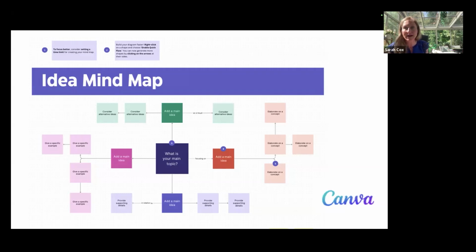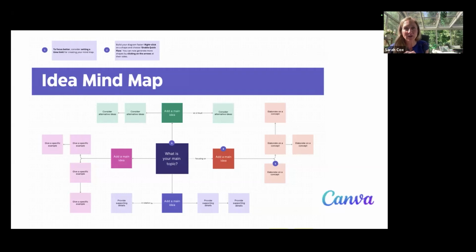Canva has great tools. This example right here, this idea mind map, one of the things that I absolutely love about Canva is they have templates that are already available on there. And in those templates, they walk through and help you set up how this works. They give you little tips, so up at the top, you can see, to focus better, consider setting a time limit for creating your mind map.